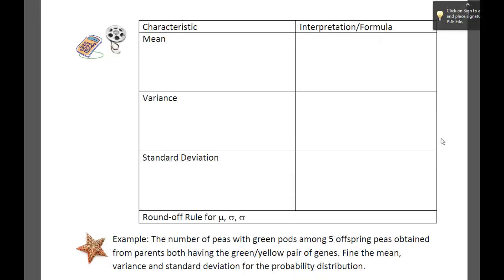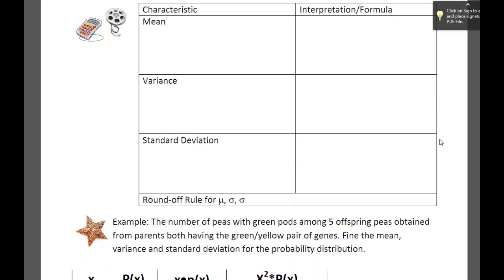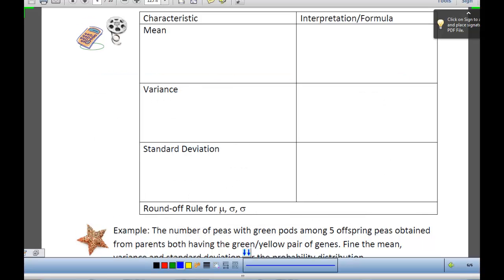Some other characteristics that we can talk about when it comes to a probability distribution would be the mean and the standard deviation. Our formula for the mean of a probability distribution is the summation of x times p of x. That's how we find the mean for a probability distribution.